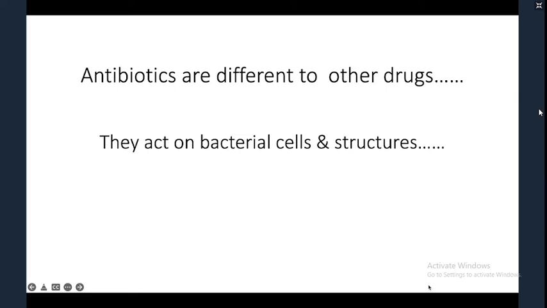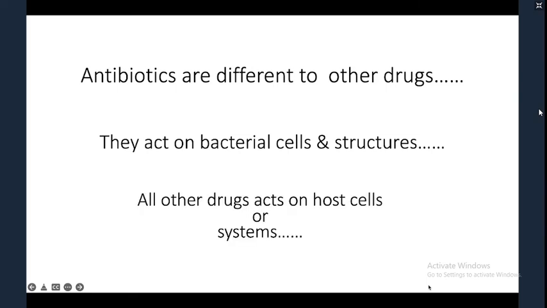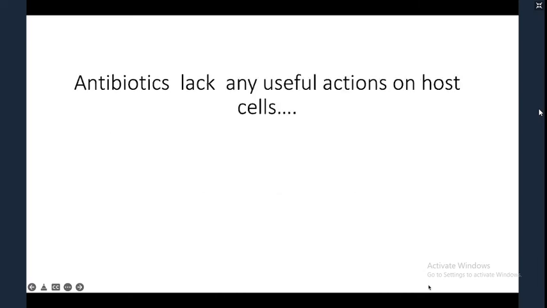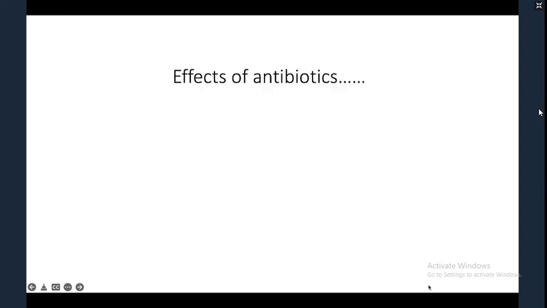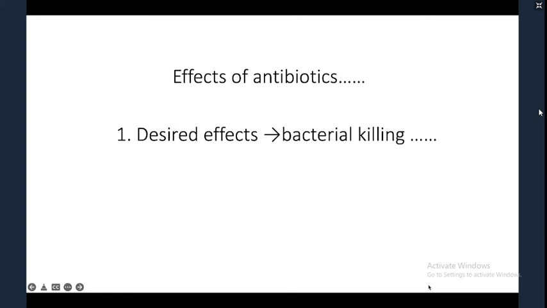They act on bacterial cells and structures, and they kill bacteria simply. All other drugs will act on host cells and systems. Antibiotics lack useful action on the host. All actions on the host are either adverse reactions or toxicity.